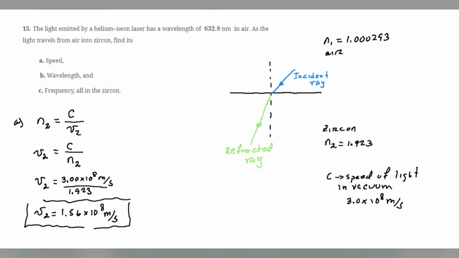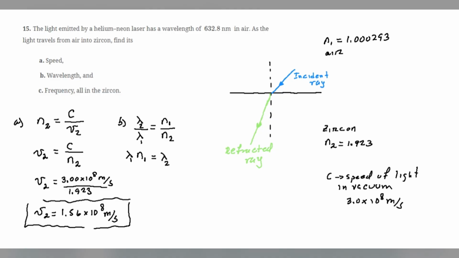So we know that lambda 2, the wavelength in medium 2, divided by the wavelength in medium 1 will be equal to the index of refraction of medium 1 divided by the index of refraction of medium 2. Of course, we can rewrite this equation like wavelength in medium 1 times index of refraction of medium 1 is equal to wavelength in medium 2 times the index of refraction of medium 2.